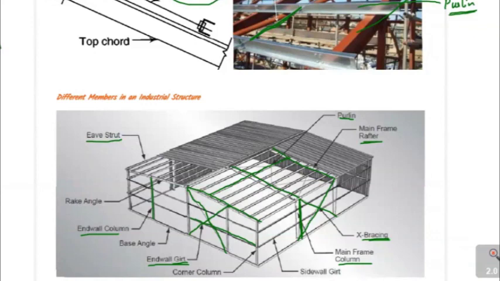This is the mainframe column, this and this, and this is the side wall girt. Girts are the same. This is the end wall and this is the side wall. These are a few important parts, and we are going to design this purlin in this chapter, or any member that is subjected to tension forces.